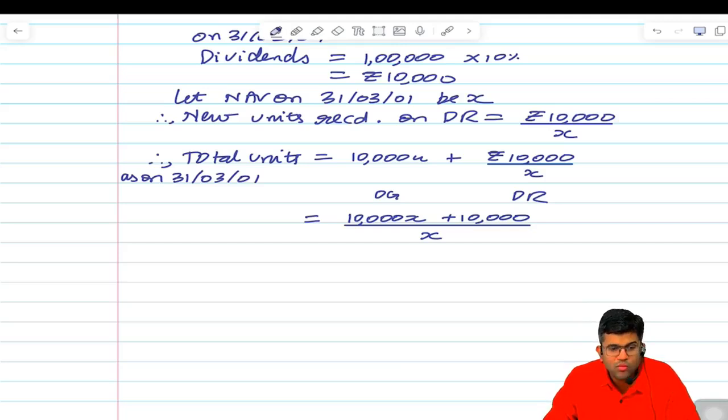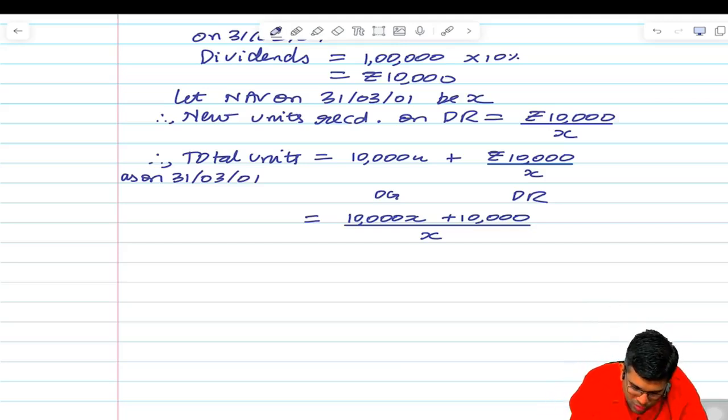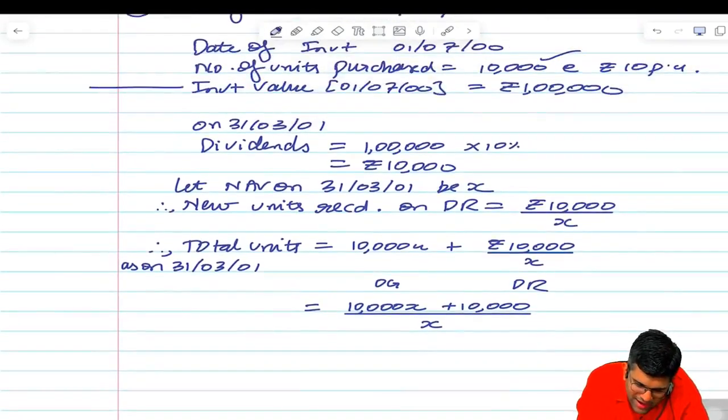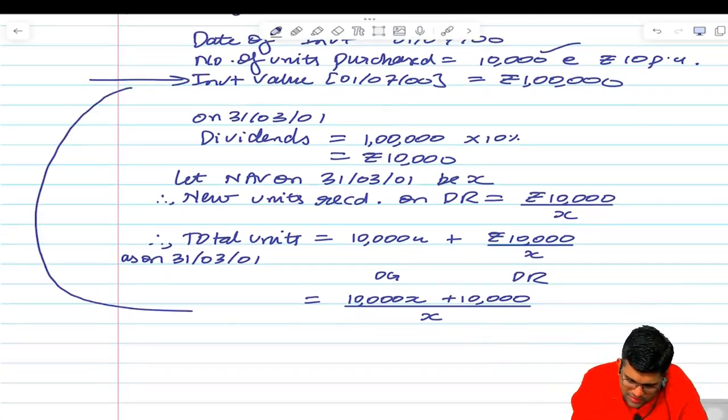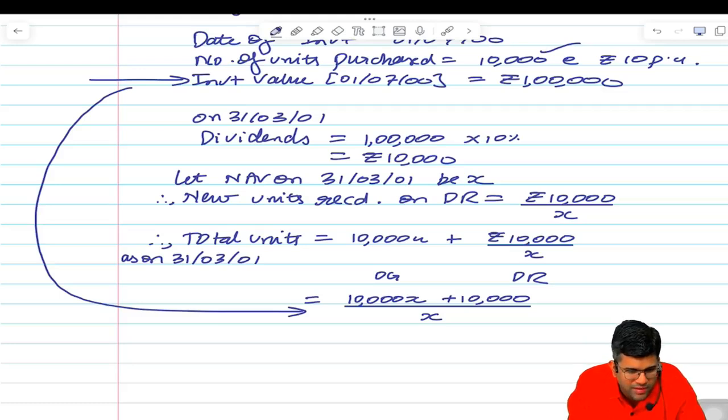Now, on 1/7/2000 I invested this much. Do you realize that in a span of a few months my number of units has become this much?